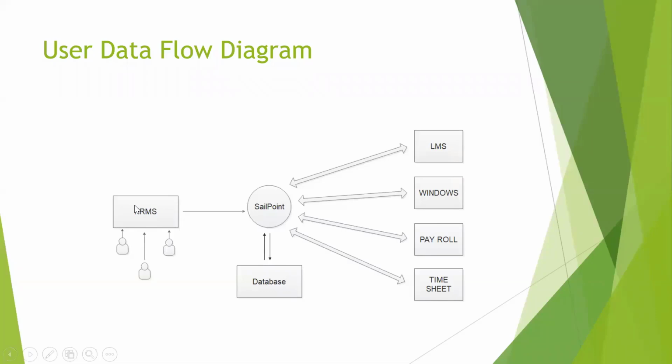That's the reason we need to define a system which can be used for authoritative purposes. Now we will start onboarding the application, and the systems in SailPoint are called applications. So this is also an application, these are all applications. The only difference is, this is the authoritative system. These are the non-authoritative applications.